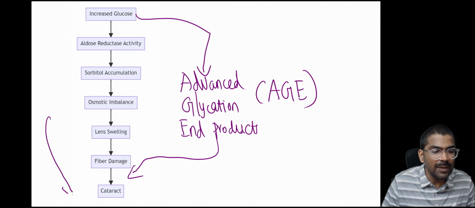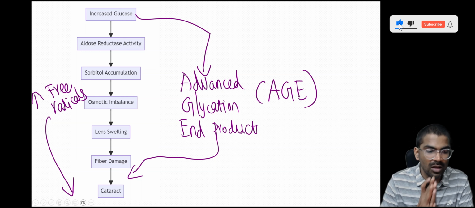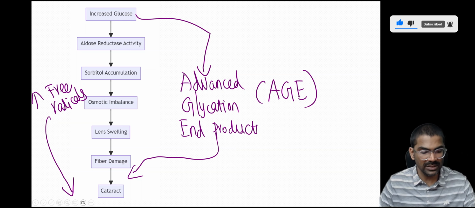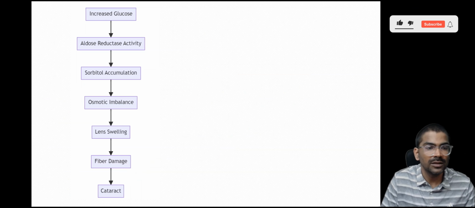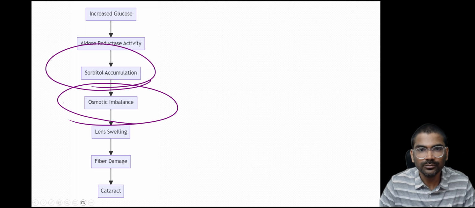Also, in diabetes mellitus, there are increased free radicals. These free radicals will also cause cataract. So which is the major reason? The major reason is sorbitol accumulation and osmotic imbalance.